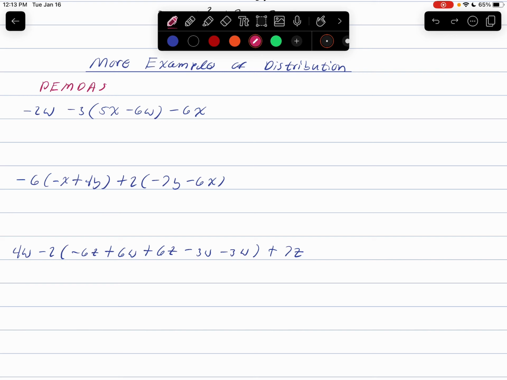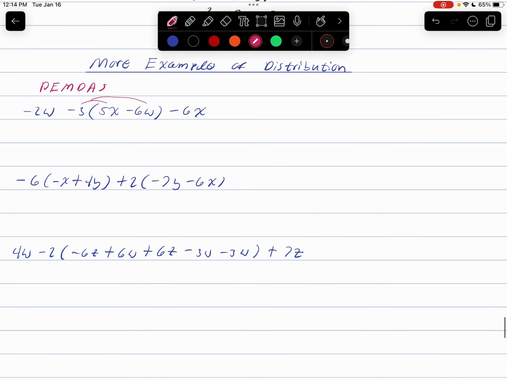And then we do have some multiplication in the form of this negative 3 times 5x minus 6w. So let's go ahead and do that distribution. So here we're going to have negative 2w, we'll leave that alone. And this negative 3 times 5x is going to give us negative 15x.